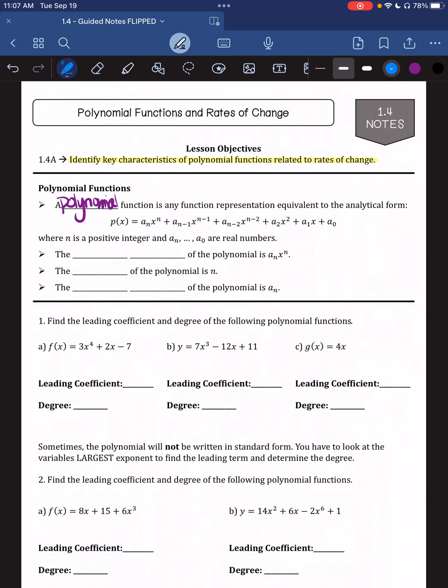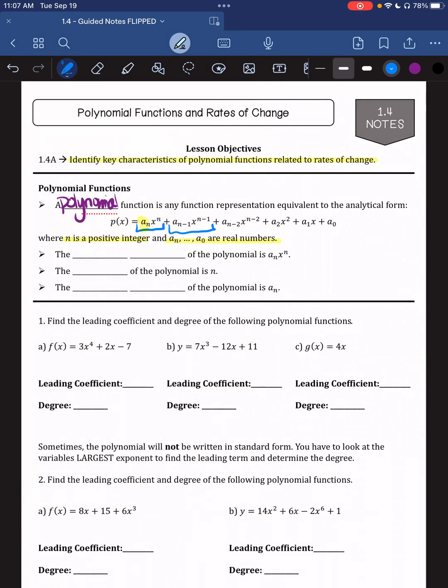Remember a term, like this is a term, that's a term. The highest exponent is a positive integer, and all of the numbers before the variables must be real numbers.